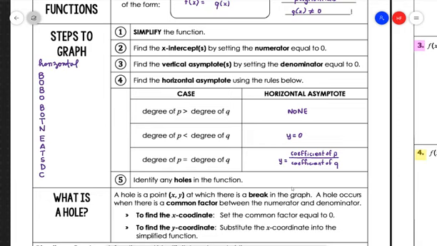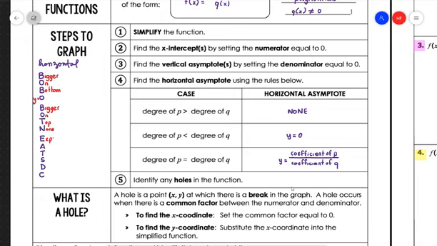So this first B is bigger on bottom, means y equals 0. Bigger on top, none.